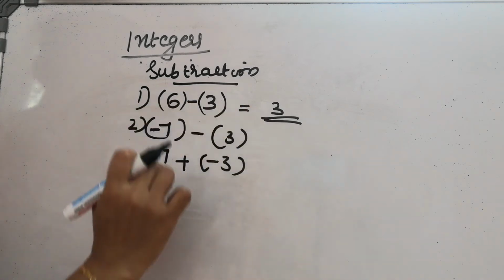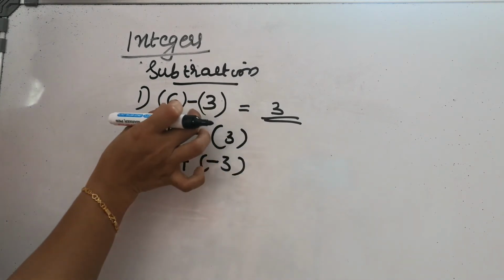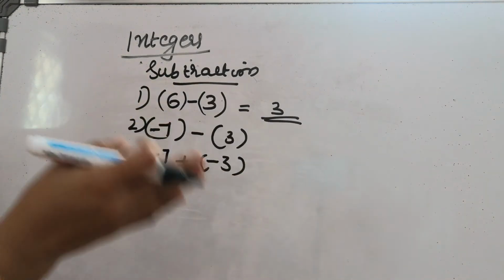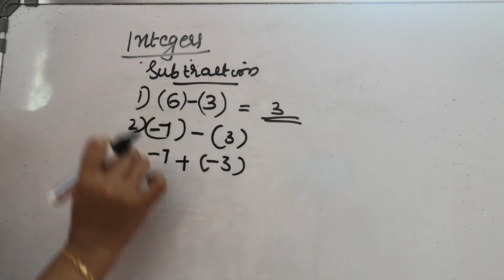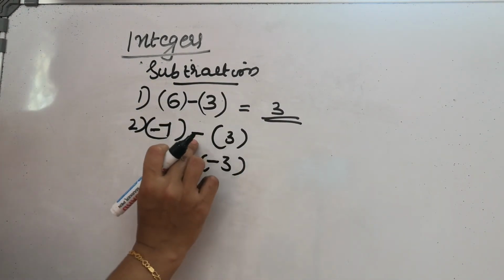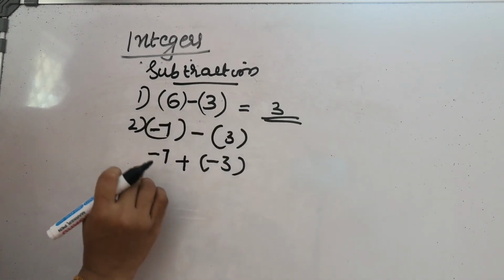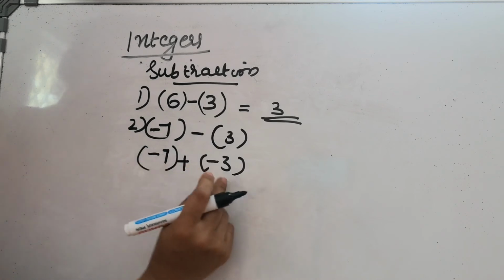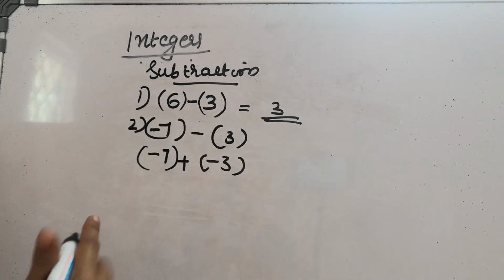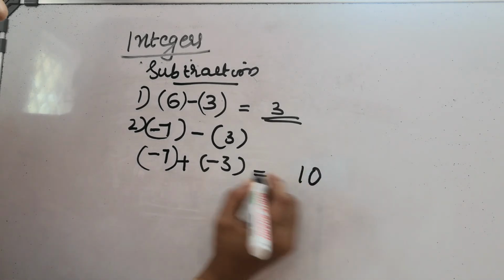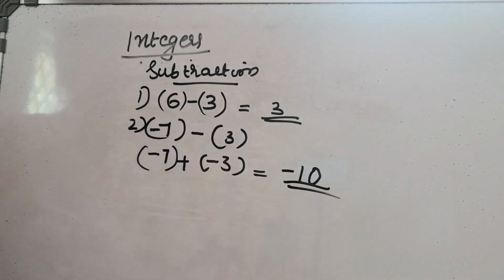In the first case, 6 minus 3, it is simply a normal subtraction. In this case, negative 7 and 3, so you have to write negative 7, negative 3. Here 7 is negative, 3 is negative, same sign is negative, so you have to add 7 plus 3, that is equal to 10, and put the negative sign in front of the number.